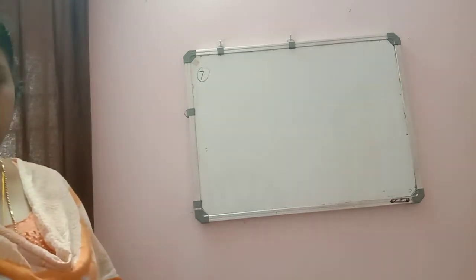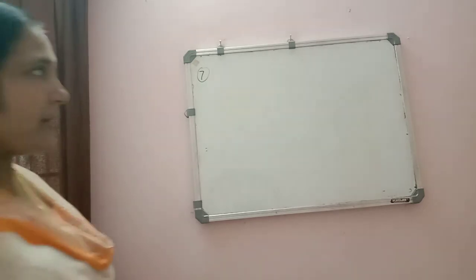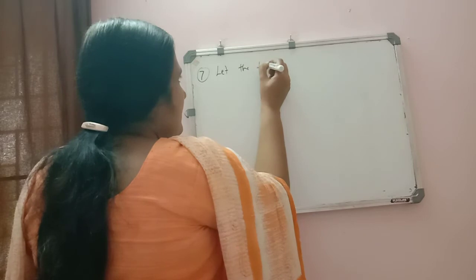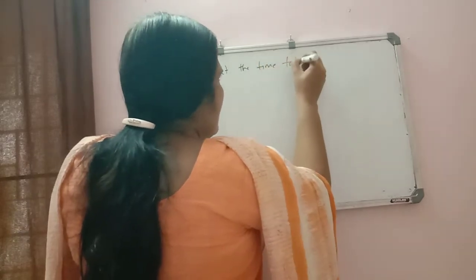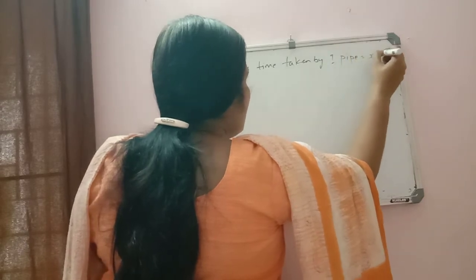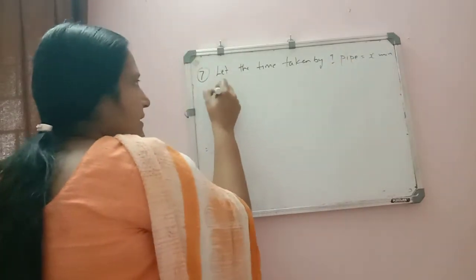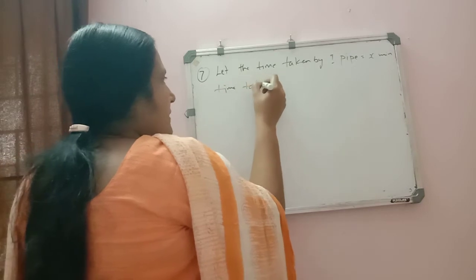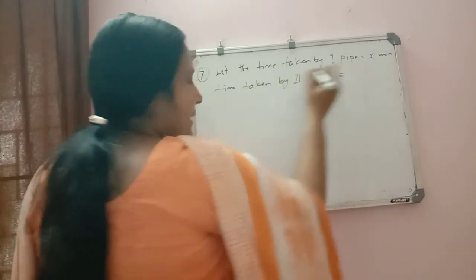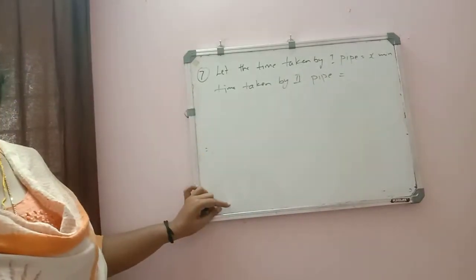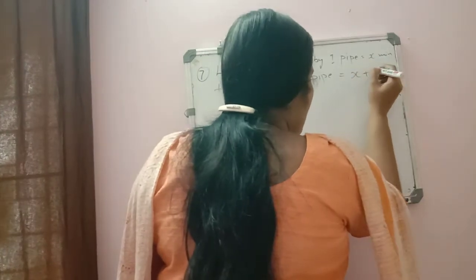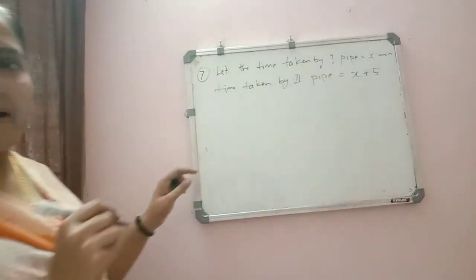So again we will take, let the time taken by the first pipe be x minutes. And the time taken by the second pipe, it was written there if one pipe takes 5 minutes more than the other. So the second pipe is taking 5 minutes more, x plus 5.